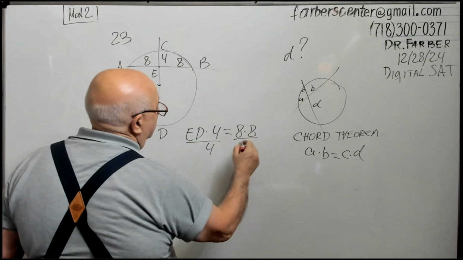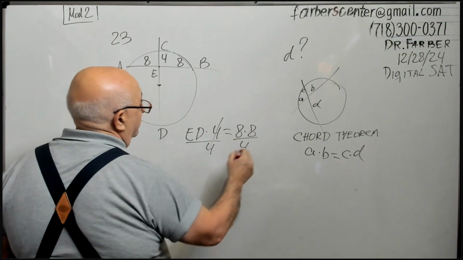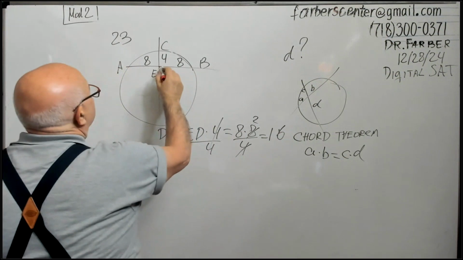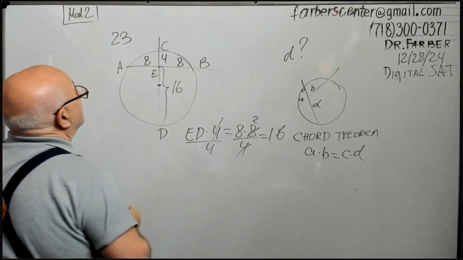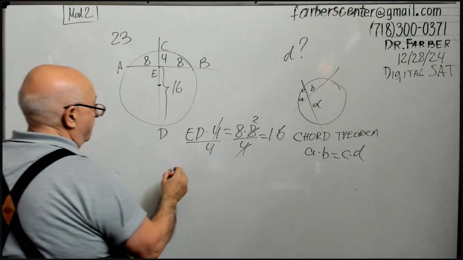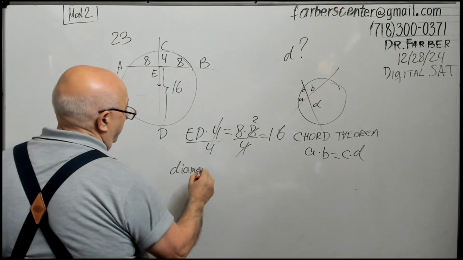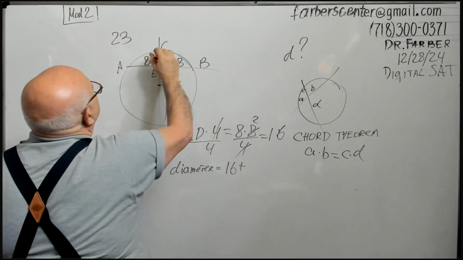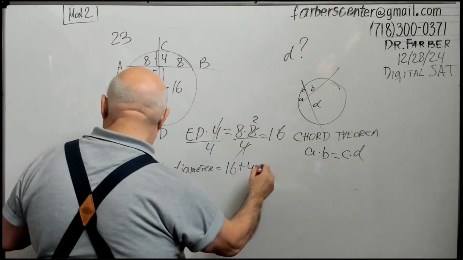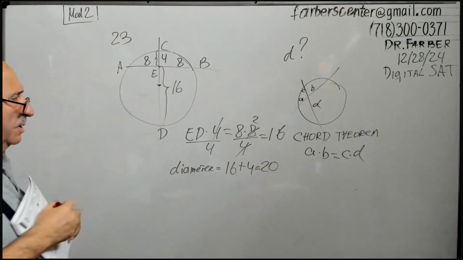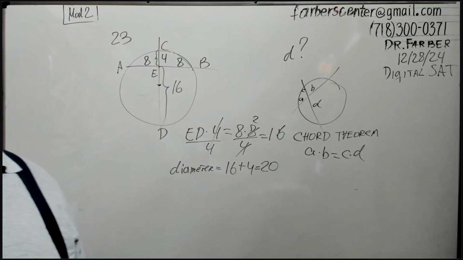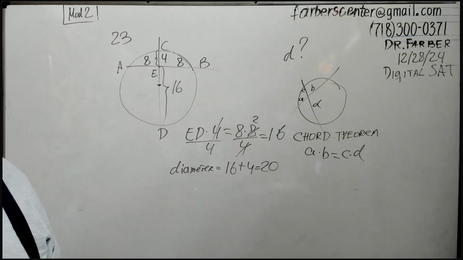Divide by 4 both parts. Cancel out, 2 times 16. So this is 16. How to find the diameter? Diameter equals 16 plus 4 for this piece, which is 20. One line problem. Understand up to this point, everything, students. Again, they ask you the same questions over and over again.